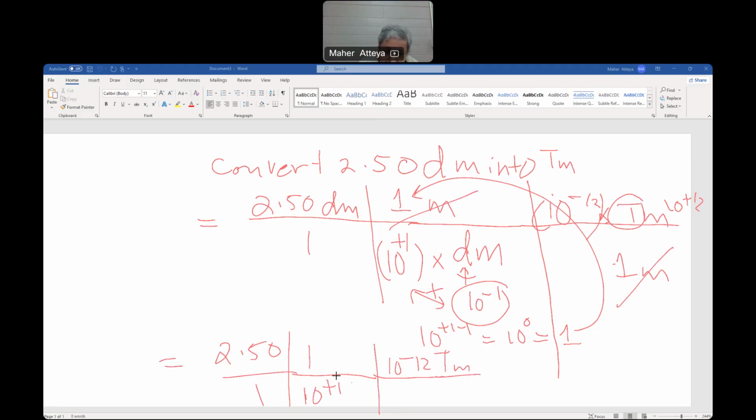So now 10 plus 1 goes up as 10 minus 1, correct? You change just the exponent sign. So 10 minus 12, 10 minus 1, the answer is 2.50 times 10 minus 13, and the unit is terameter.